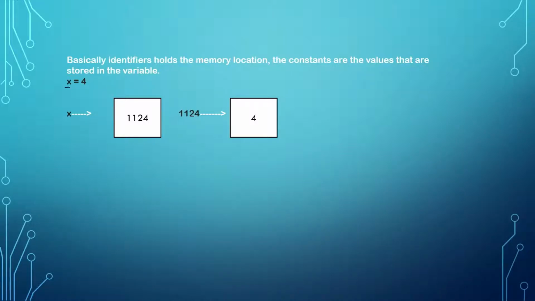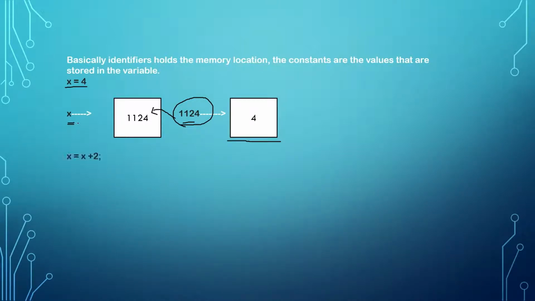Actually, it does not hold the value, but the memory location where the value 4 is stored. So 4 is stored in some memory location, and this memory location address is stored in the variable. The variable holds the memory location, not the value, not the constant.